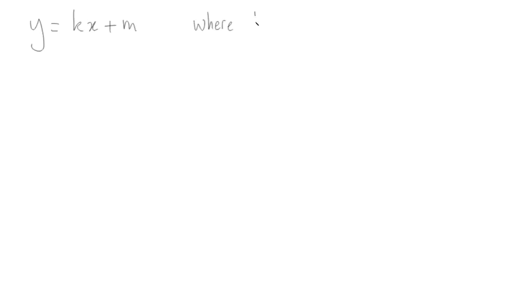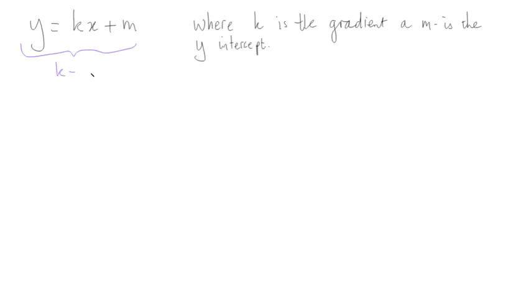where k is the gradient and m is the y-intercept. On the Swedish syllabus, this equation here is called the K-type or K-form equation.